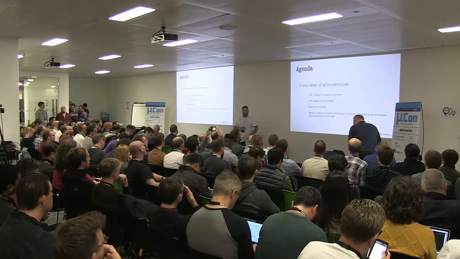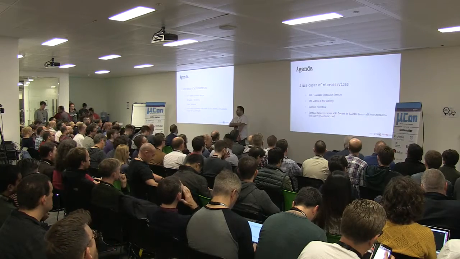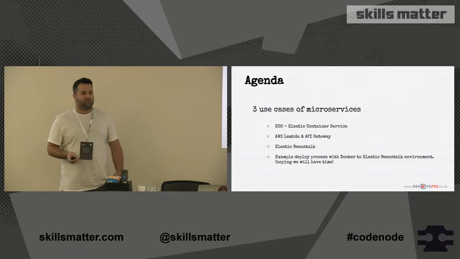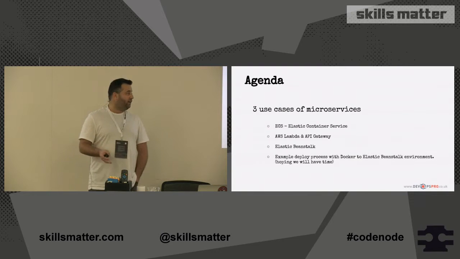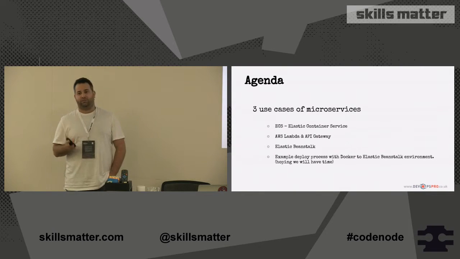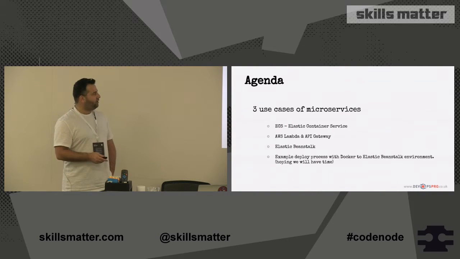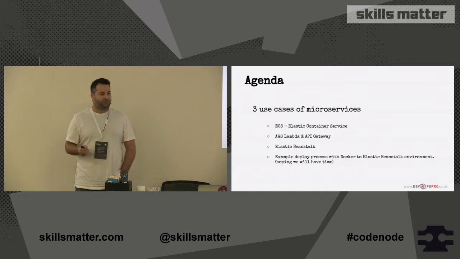The second one is a new buzzword, not so new, but starting to catch up, which is serverless. Serverless is done in AWS using AWS Lambda and AWS API Gateway. And the last one is Elastic Beanstalk.